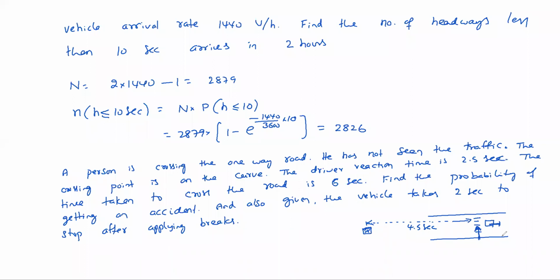The person takes 6 seconds to cross the road. Within the 6 seconds, no vehicle should come.